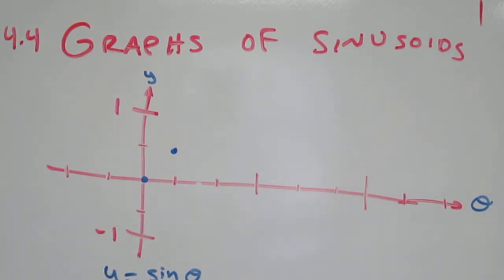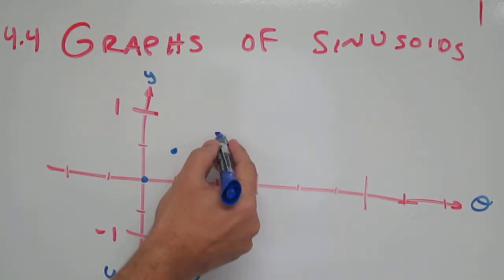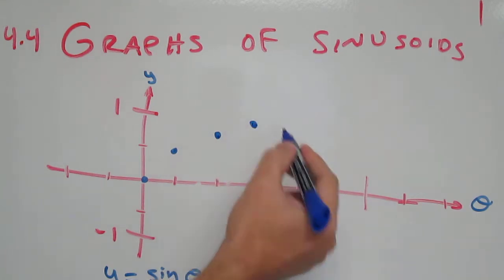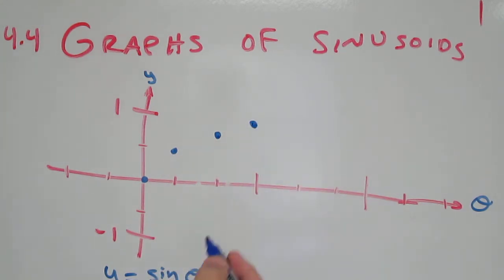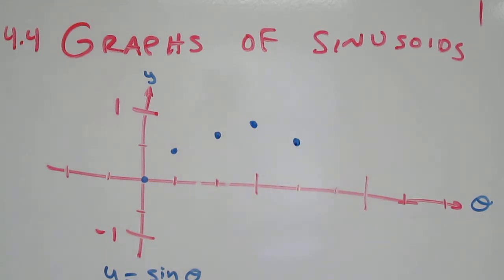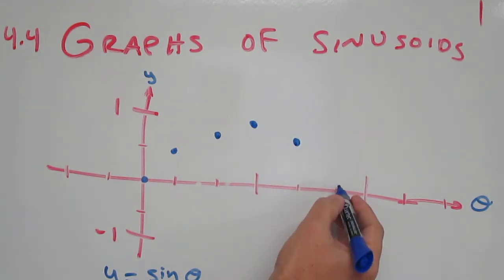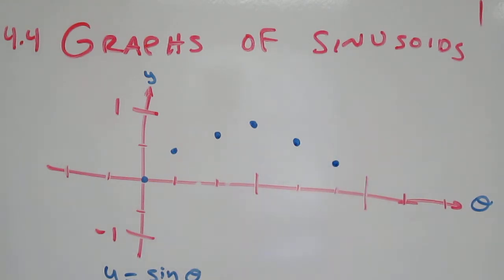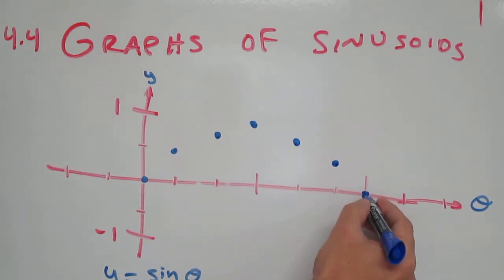The sine of 60, I get the square root of 3 over 2. The sine of 90 is equal to 1. Then as I continue into the second quadrant, the sine of 120 would bring me back to square root of 3 over 2. The sine of 150 would bring me back to 1/2. And the sine of 180 is actually equal to 0.